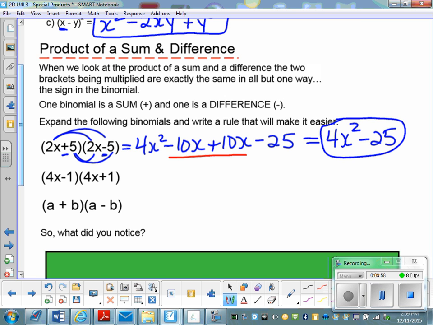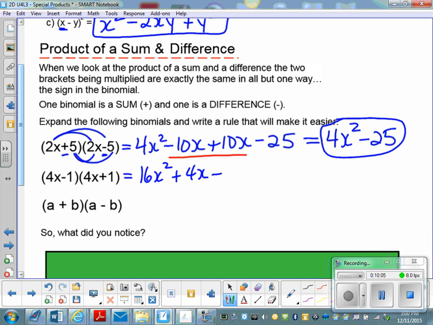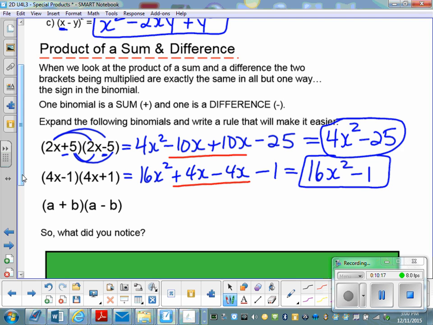And in the next one, I'm going to get 16x squared plus 4x minus 4x minus 1. Same thing happens in the middle. So I'm just left with 16x squared minus 1.